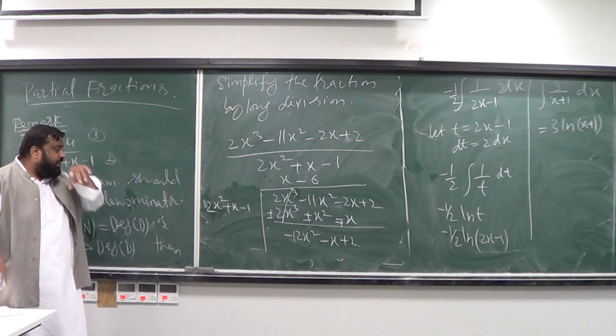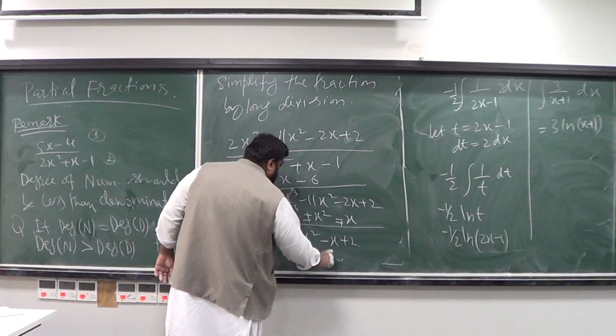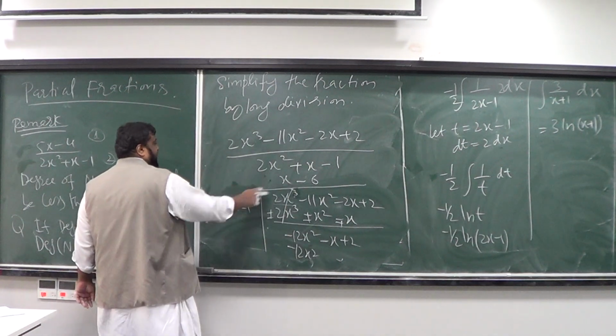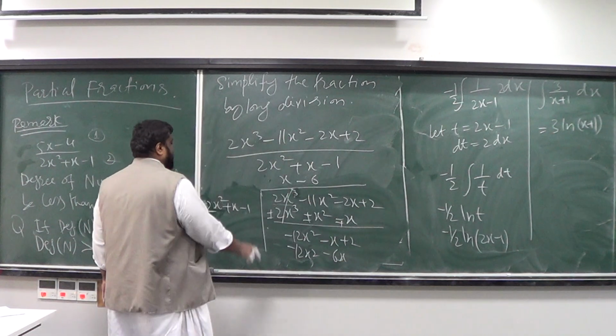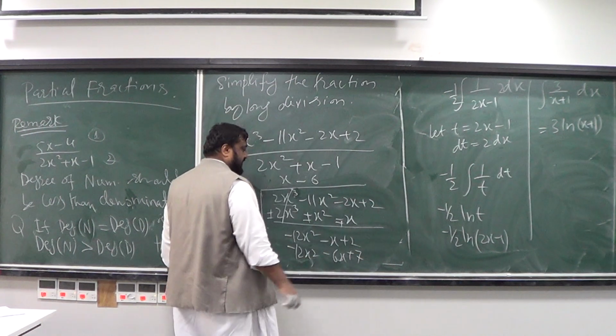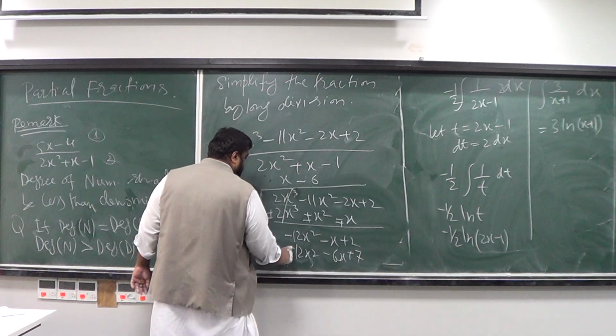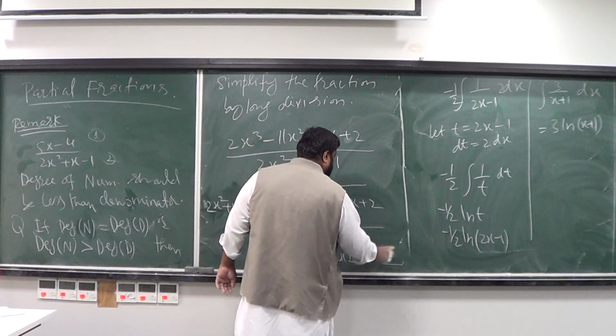When you put negative 6, what are you going to get? This is going to be negative 12x square, and then x times negative 6 will become negative 6x, and this will become plus 7. So if you make subtraction, what would be the final answer that you get?